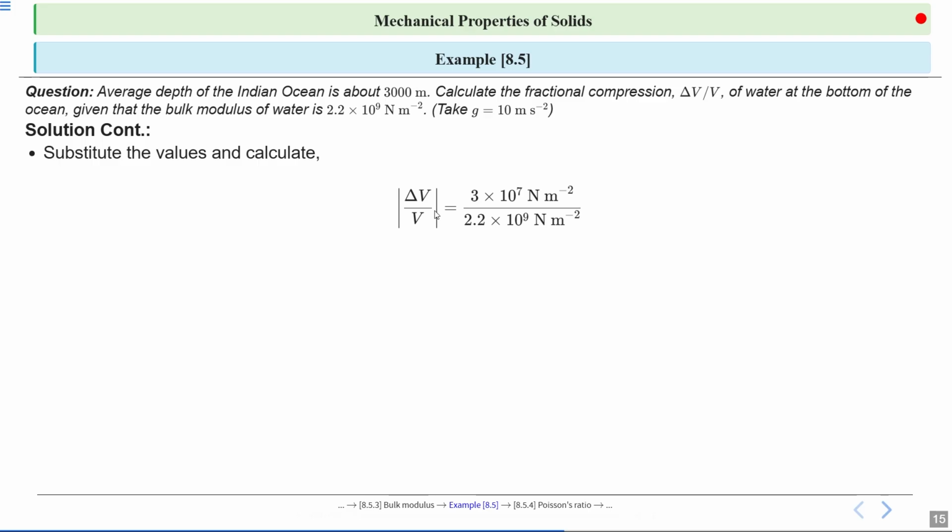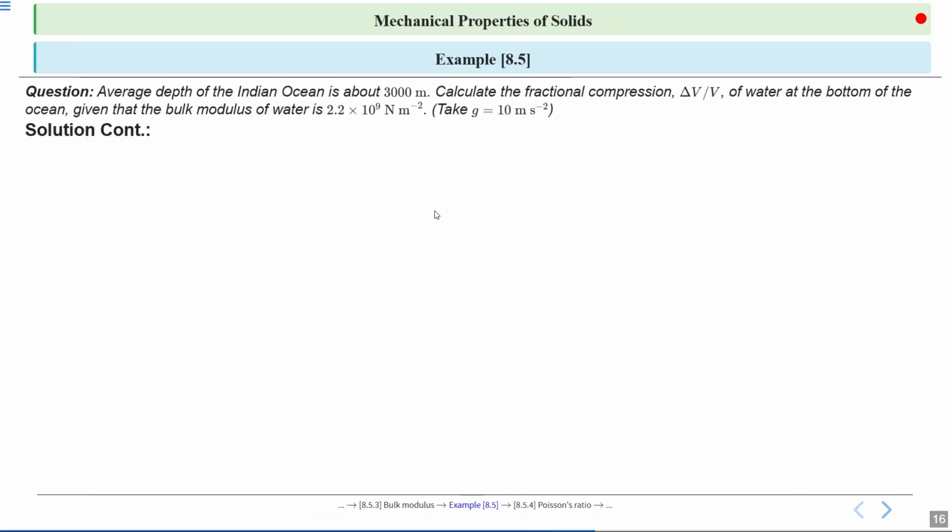So the fractional compression delta V over V is pressure divided by bulk modulus. After calculating, delta V upon V is equal to 1.36 times 10 raised to the power minus 2.